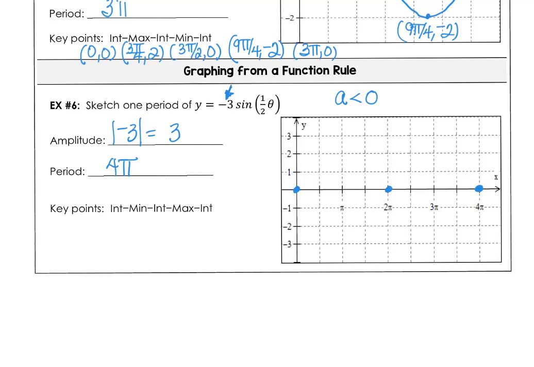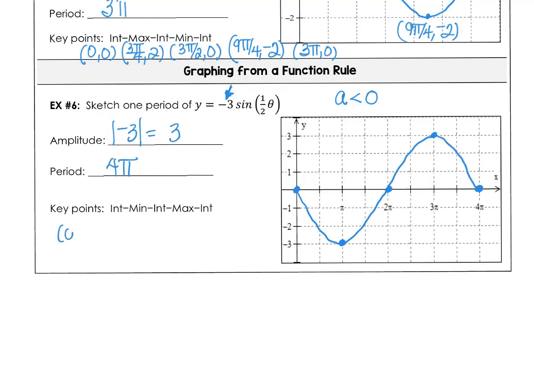So instead of having an intercept, maximum, intercept, minimum, we're going to have an intercept, minimum down here and maximum up here, and then finally the intercept. So our graph goes down first before it goes up and then stops.